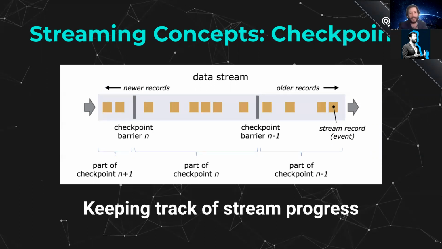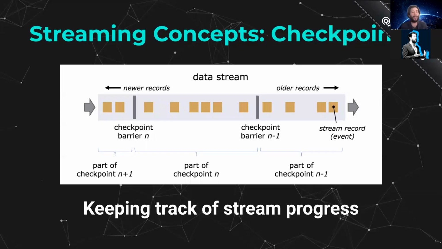So that's the same intuitive concept, not exactly the same, but it's an intuitive way to understand that concept, which is basically that you're able to keep track of consumers, basically where they were able to read last, right?